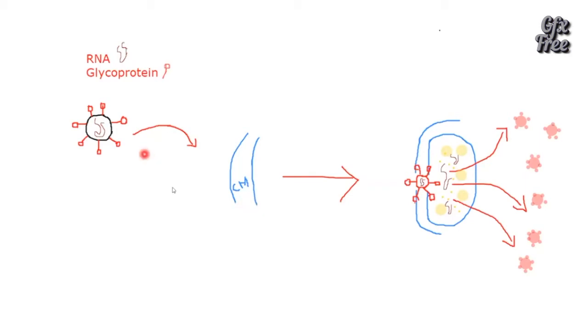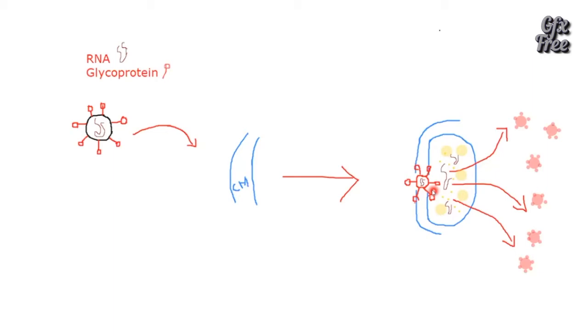Once the virus comes in contact with the cell membrane, the glycoprotein present on the virus particle will help in the endocytosis, or the entrance of the virus particle into the cell through the cell membrane, and hence the virus particle enters the cell cytoplasm.